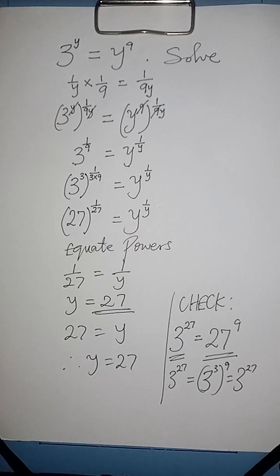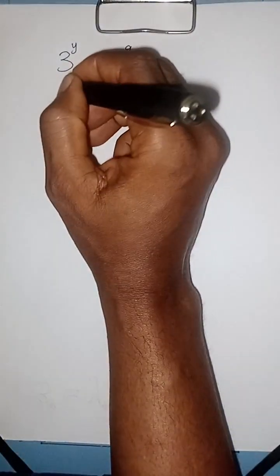So y is 27. Now I'm going to show you the second method we can use to solve this same equation. 3 raised to power y is equal to y raised to power 9. Now, what is the second method? The second method involves the use of logarithm. So I'm going to take the logarithm of both sides.